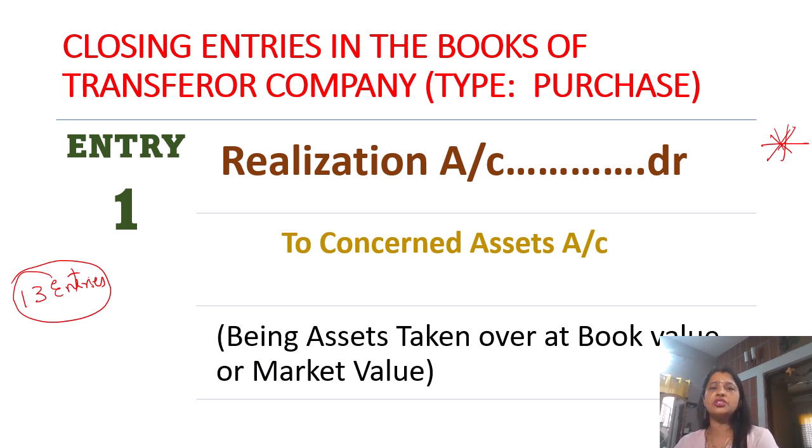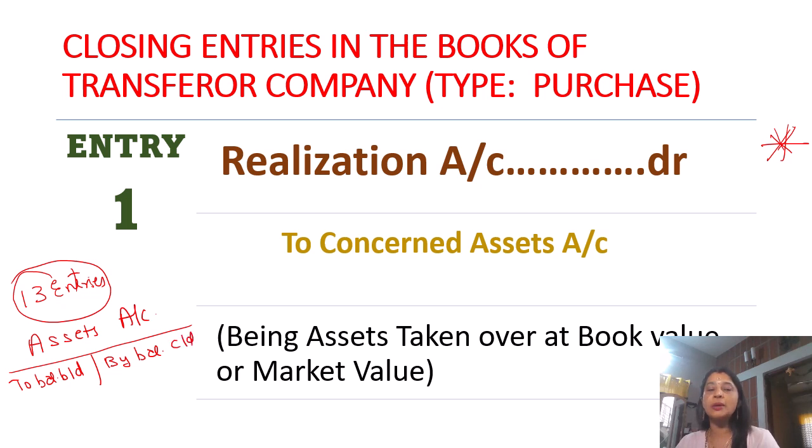So realization account debit to concerned asset account. I told you assets will always have a debit balance. When you are transferring it, you will pass the opposite entry. And moreover, if you open an asset account in the ledger, your normal asset account looks like this. If it is a ledger account, you do by balance brought down. If the company is continuing, you would have written by balance carried down.